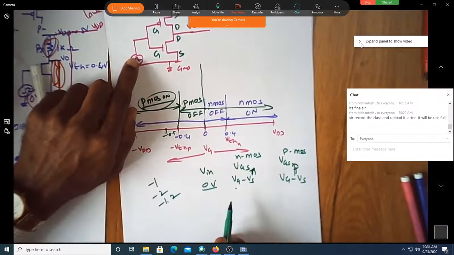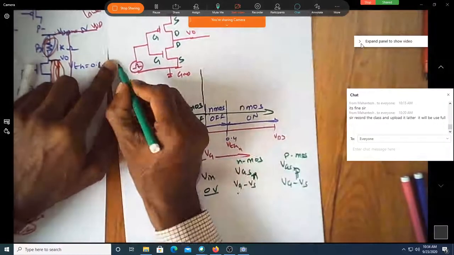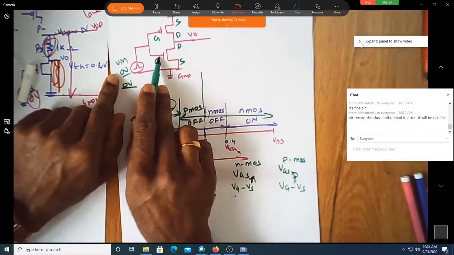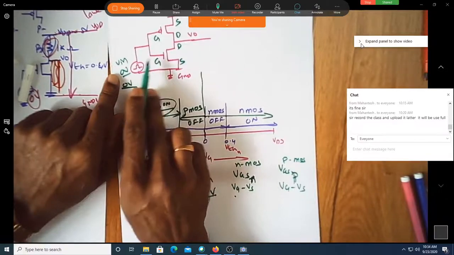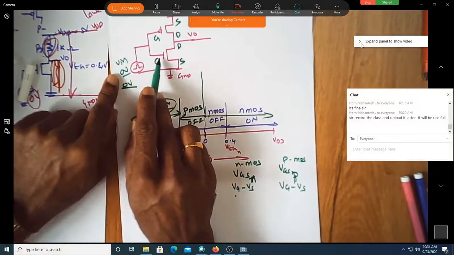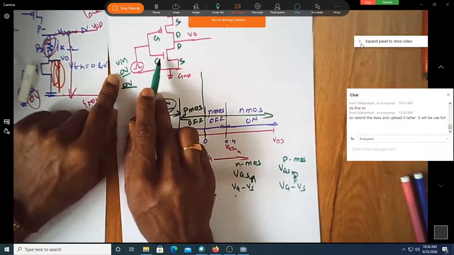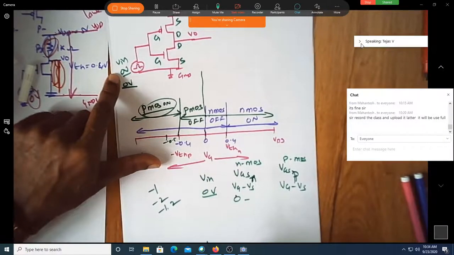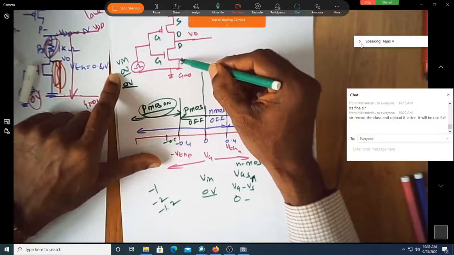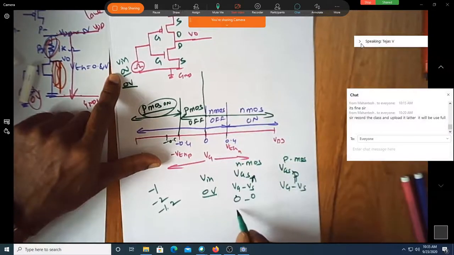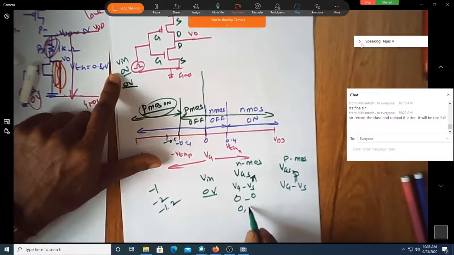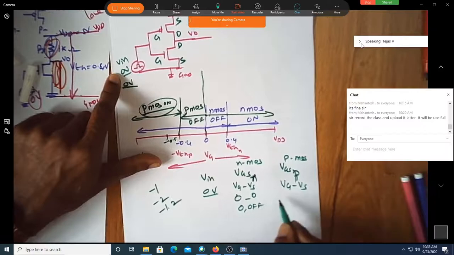This is 0 volt, this is Vin. When Vin is 0 volt, VG for NMOS is 0 volt. How much is VS? Voltage at source is 0, sir. Then VGS is 0. Then what is the condition of NMOS? Off, sir.